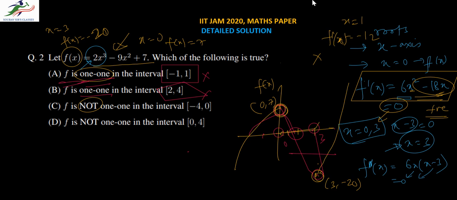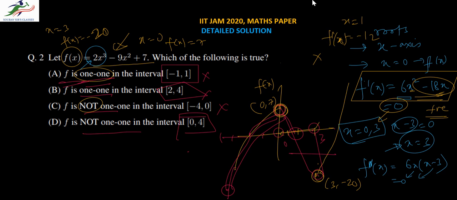Now we go to option C. F is 1 on 1 in the interval -4 to 0. So -4 would be somewhere here, and clearly f will have a single value for all values of x between -4 and 0. So this is not the correct option. Option D, f is not 1 on 1 in the interval 0 to 4.